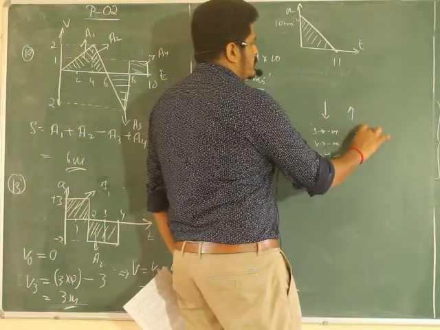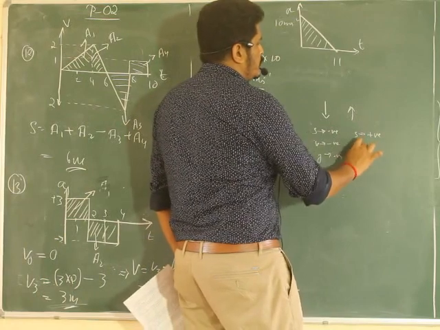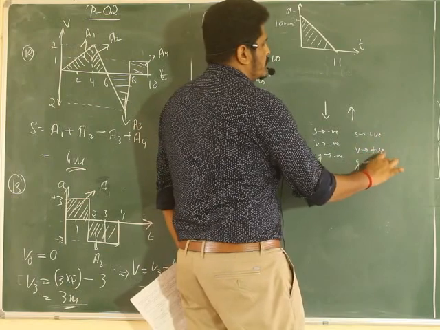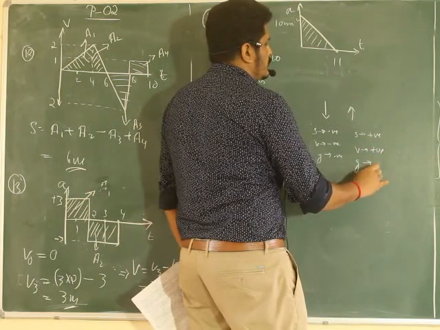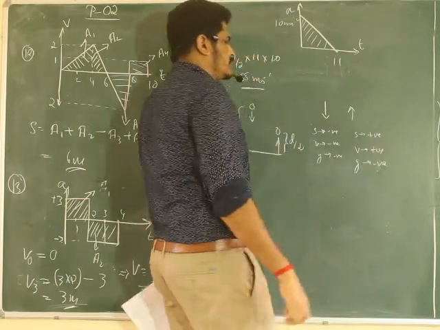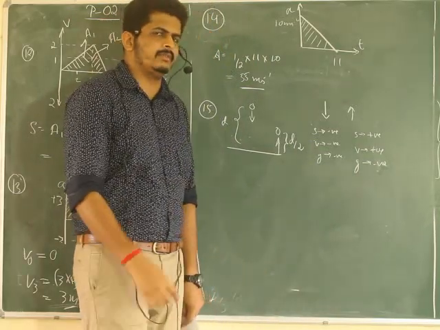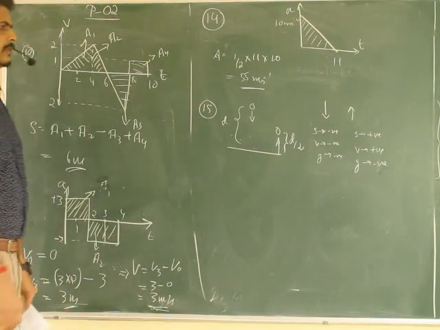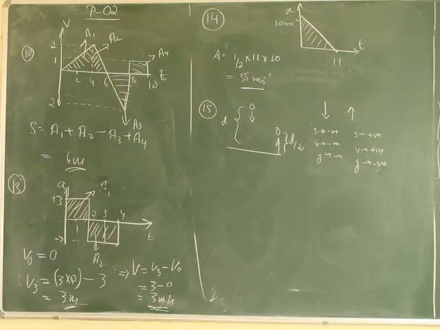So here displacement is positive, velocity we mention is positive, but g is always negative. Why? Because it is always directed toward the center of the earth. That is why we have to assume like that. Various types we can take, it's okay, but this is the standard form which we follow.